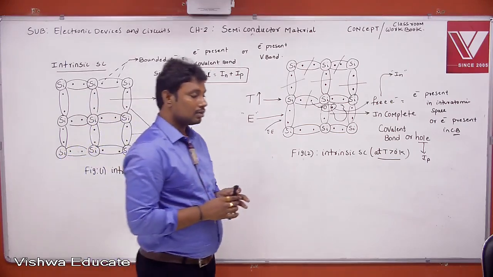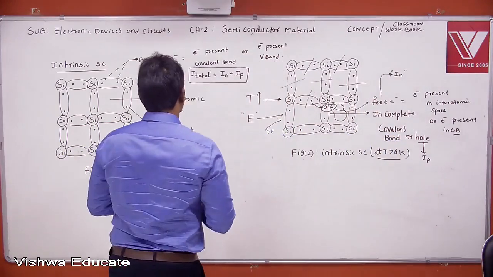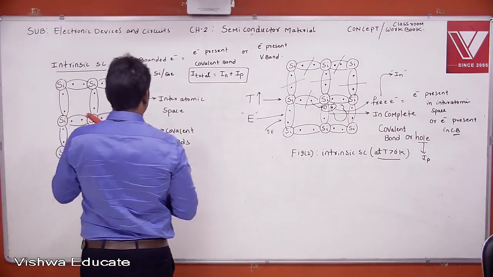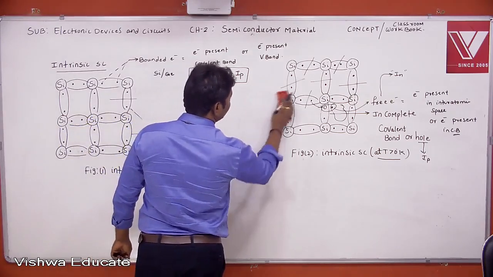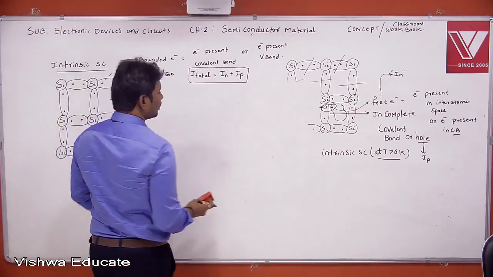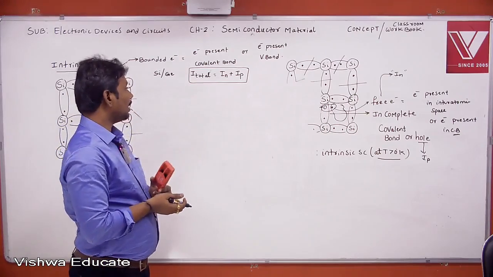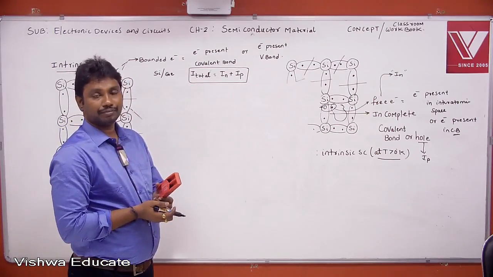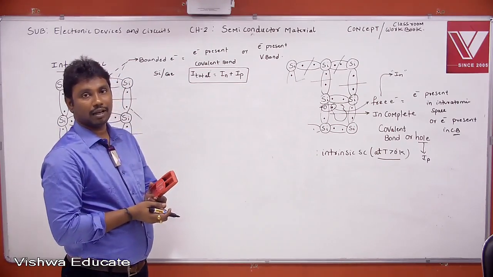Next point, hence the total current is given by I total equal to I_N plus I_P.